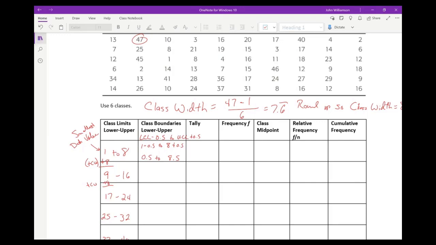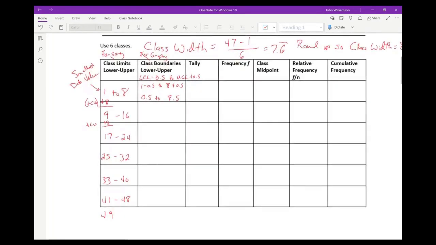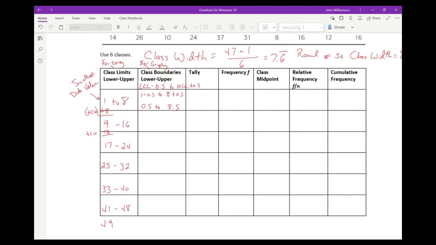So we're going to use the class limits as the actual boxes. The class limits are what we're using to put the items into the boxes, but these are what we're going to use to graph later on. So when we're actually graphing, the limits are for boxing or for sorting. These are for graphing. And so you do that the whole way down.